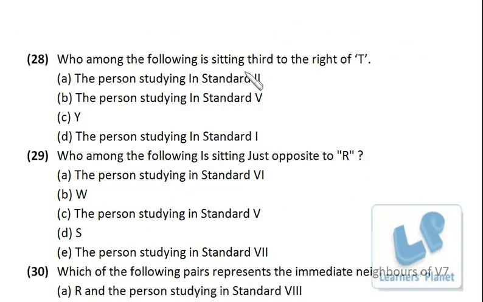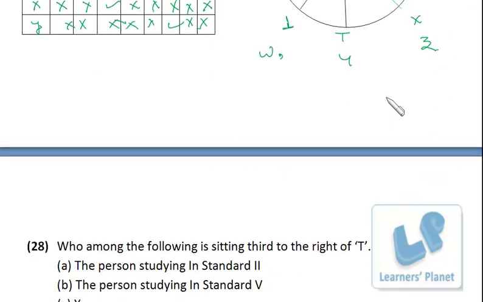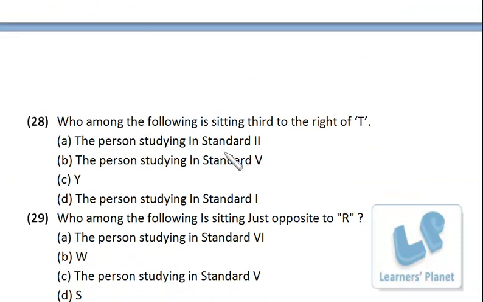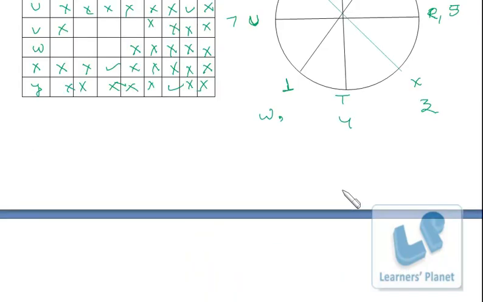Who among the following is sitting third to the right of T? Third to the right of T: 1, 2, 3. That is V in grade 2. So the person studying in grade 2. That's clear. Who among the following is sitting just opposite to R?